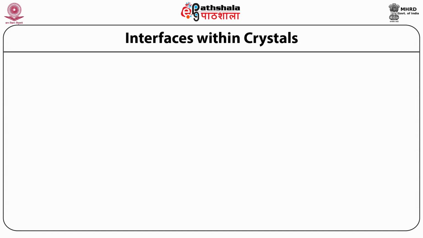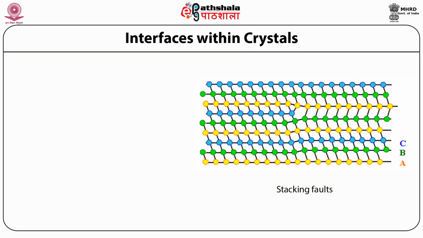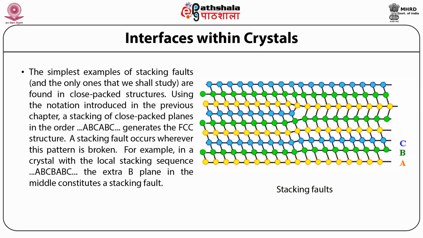Interfaces within crystals, or stacking faults. You can see there is another type of defect which can occur in a crystal. The simplest examples of stacking faults are found in close-packed structures, using the notation introduced in the previous chapter.